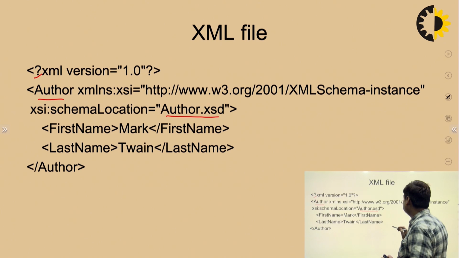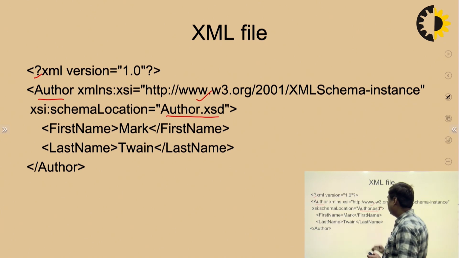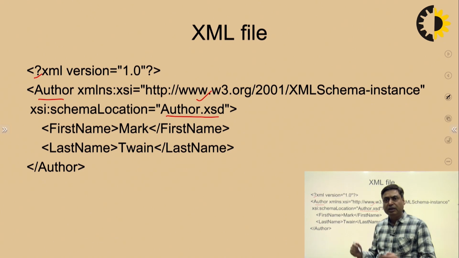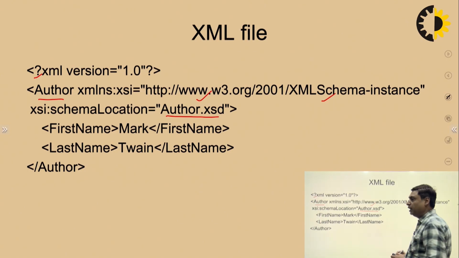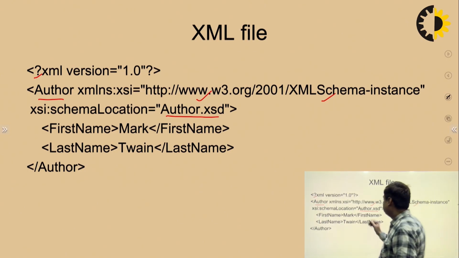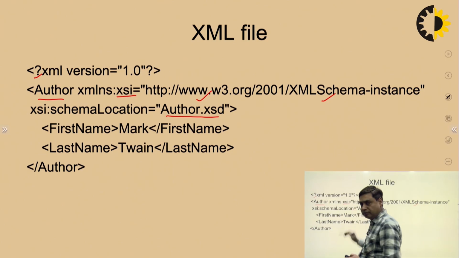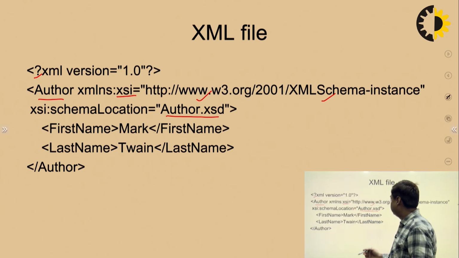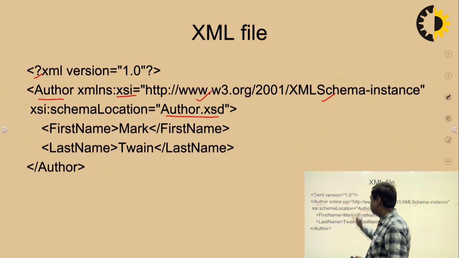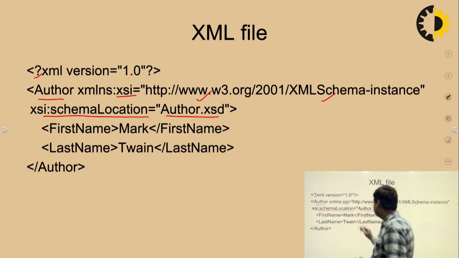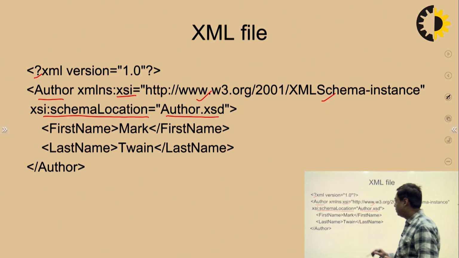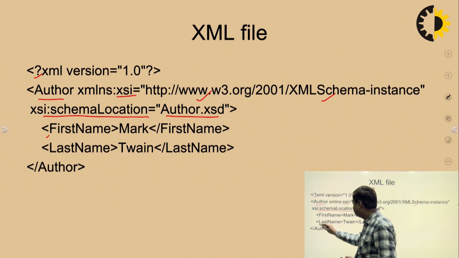Here we are using a reference point because an XML is basically an instance of the XML schema. So we are referring to the instance reference. We have created a variable xsi, just like a reference variable for this reference string. With the help of xsi, we have defined the name of the XSD. Then we have given the first name and last name.